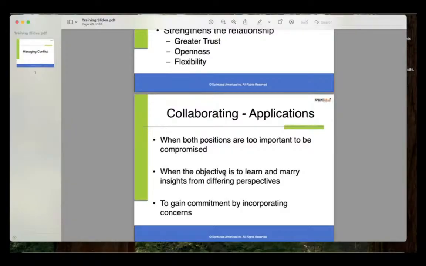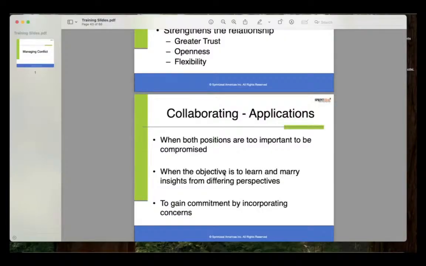There can be scenarios when we can eliminate one position if there is a conflict between two, maybe in a supplier and customer scenario. It depends totally on the situation.